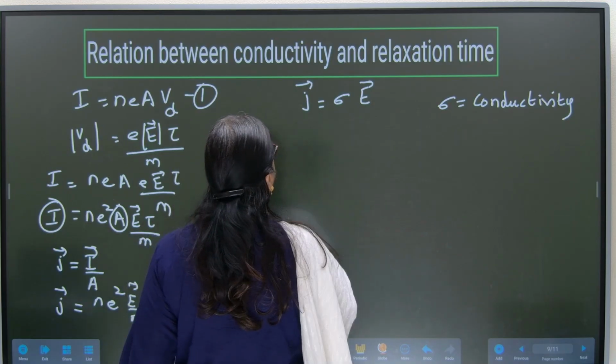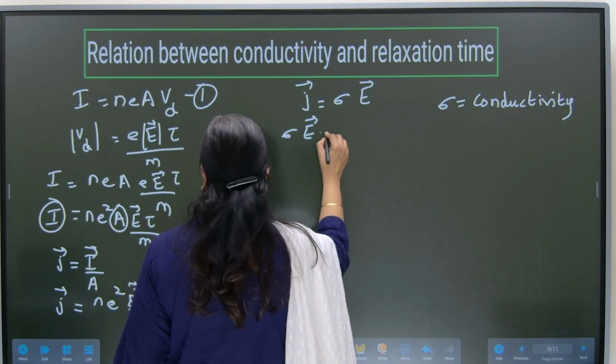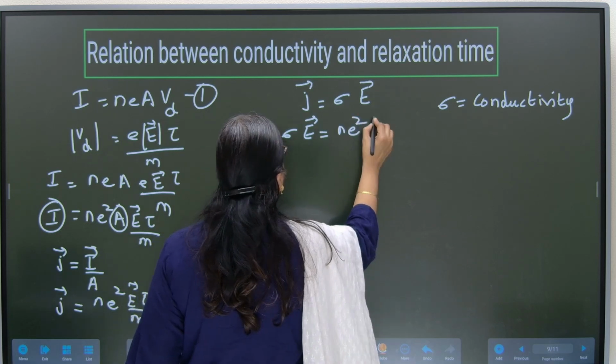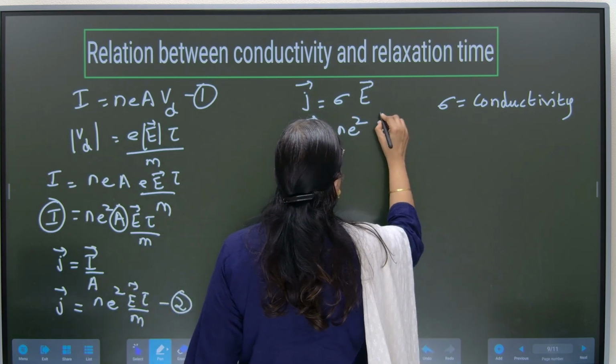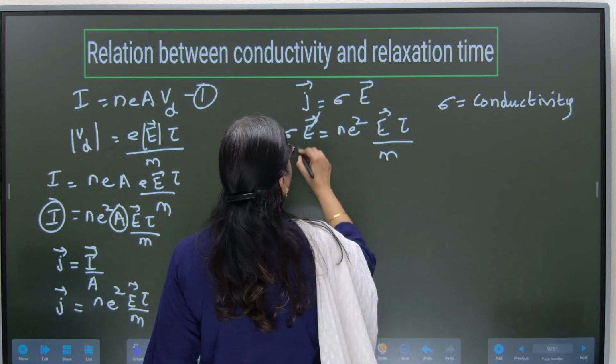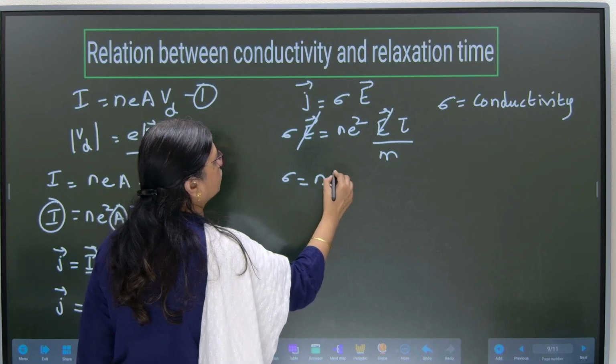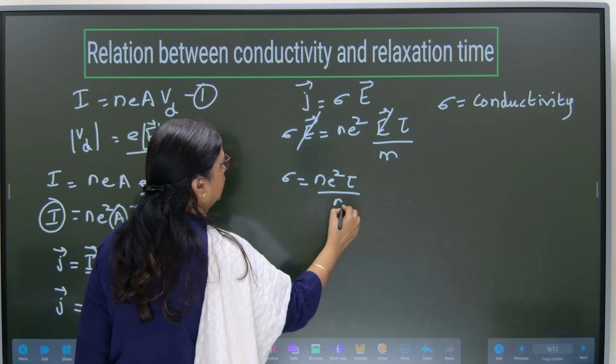So substituting this in equation 2, we have sigma E is equal to N e square E tau upon m. E we cancel, we get sigma is equal to N e square tau upon m.